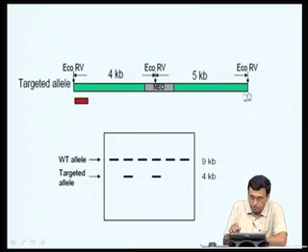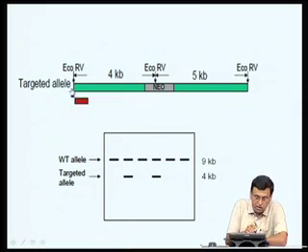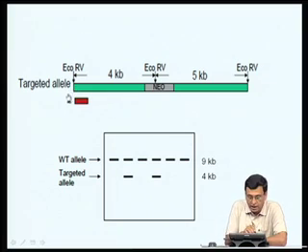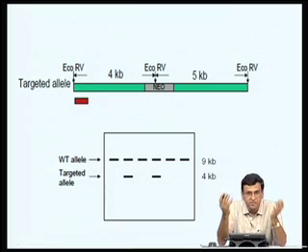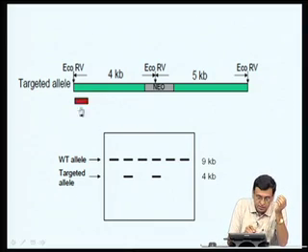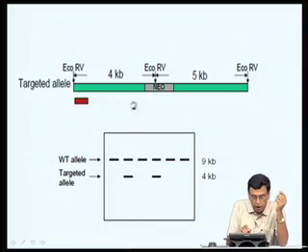For example, I have given an example here. Let us say there is an EcoR1 site and an EcoR5 site flanking the positive selection marker. Then suppose the antibiotic resistance gene also has an EcoR5 site. Then if you now isolate the genomic DNA from these ES cells and do a Southern blot analysis using a probe somewhere in this region, this probe will hybridize to a 4 kb region as shown here.